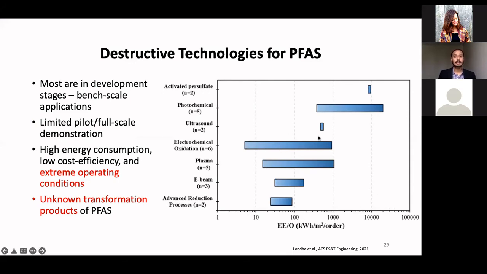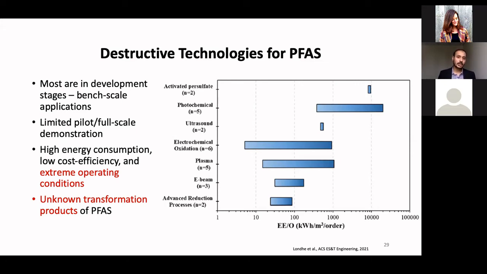And you can see it can span a wide range depending on the type of PFAS you're treating. All these technologies have the characteristics of high energy consumption, low cost efficiency, and they require extreme operating conditions like high temperature or extreme pH, and addition of excessive oxidants and so on.